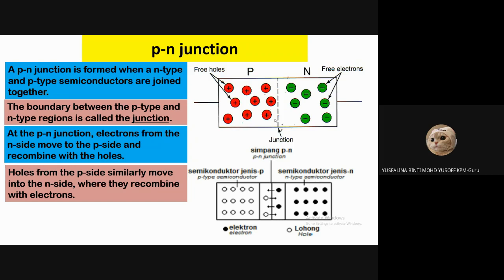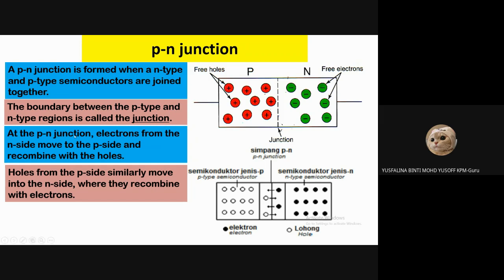The boundary that divides the p-type and the n-type regions, we call it a junction. This is p-type, this is n-type. The boundary, we call it the p-n junction.